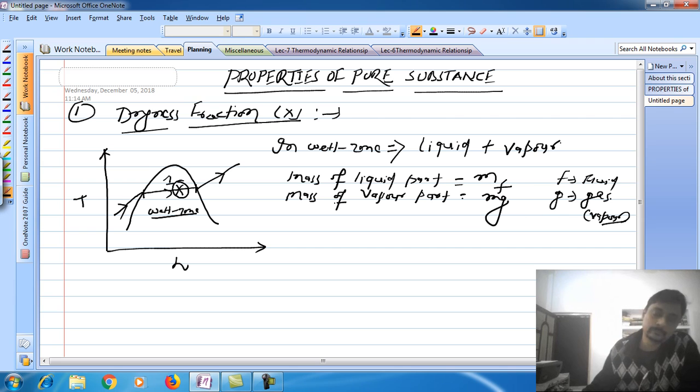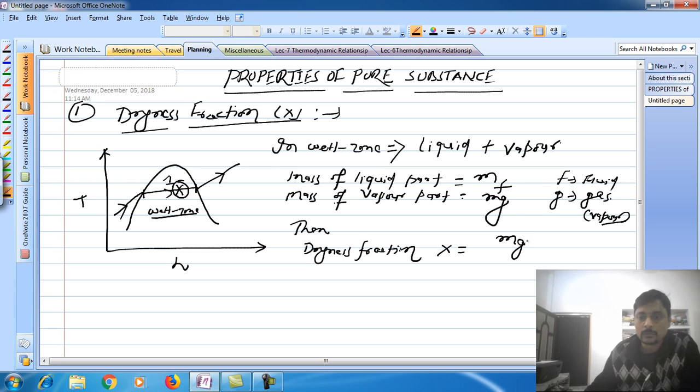If mf and mg are the mass of the liquid part and vapor part respectively, then dryness fraction x is equal to mass of vapor part divided by mass of liquid part plus mass of vapor part. This is called dryness fraction.